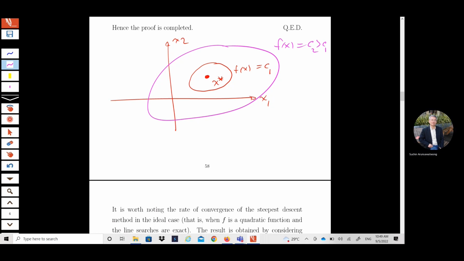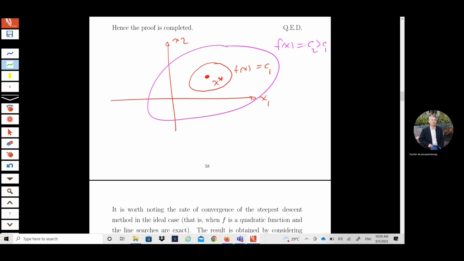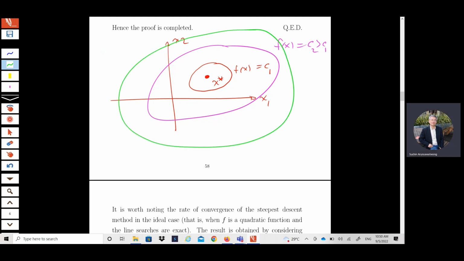Now we will see what the steepest descent looks like. We may need another one, f(x) equals C3, which is greater than C2.